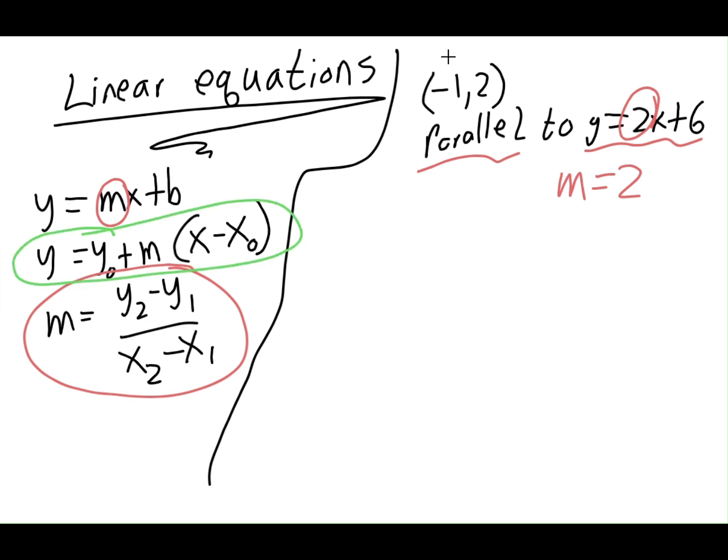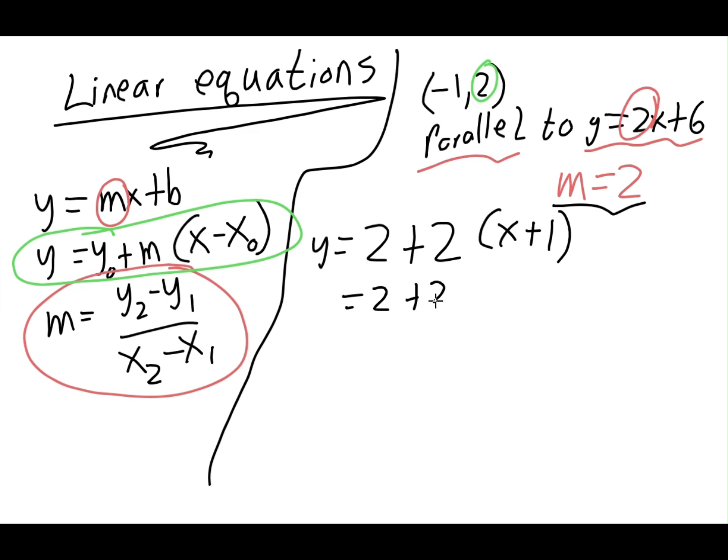We'll use this equation. We have y equals y naught, that is the 2 value here, plus m, which we found to be 2 from the slope here, times x minus x naught. Minus a negative means plus 1. And I'm done. Although, if you want to, we can simplify. 2 plus 2x plus 2 is 2x plus 4.